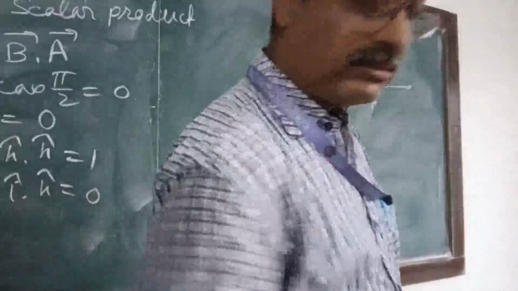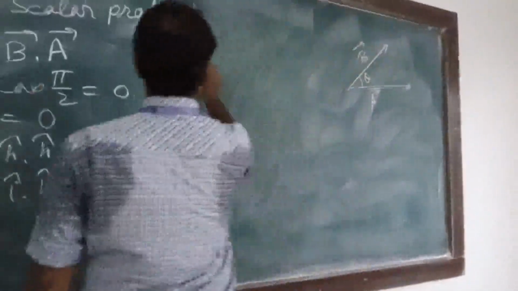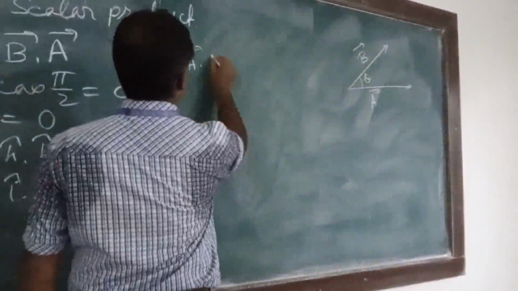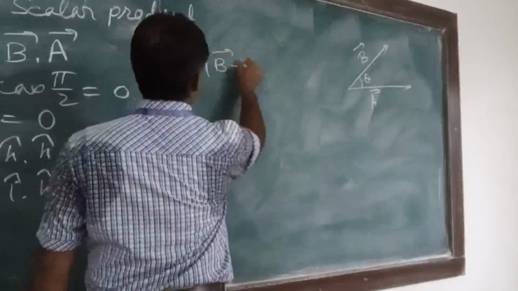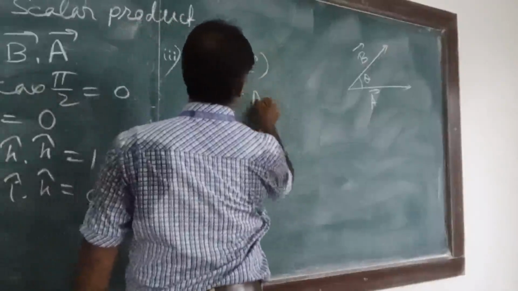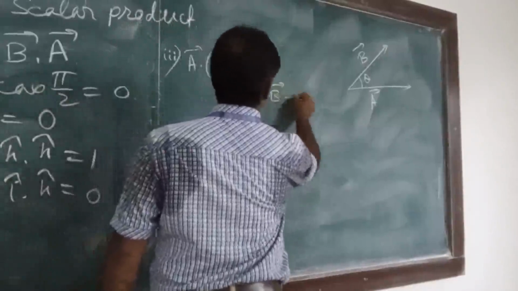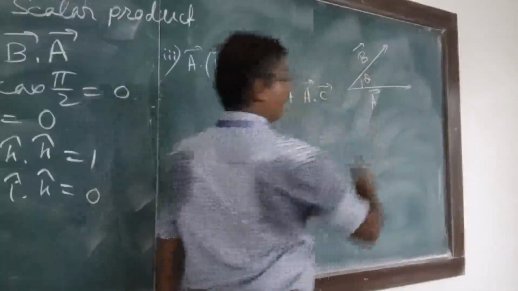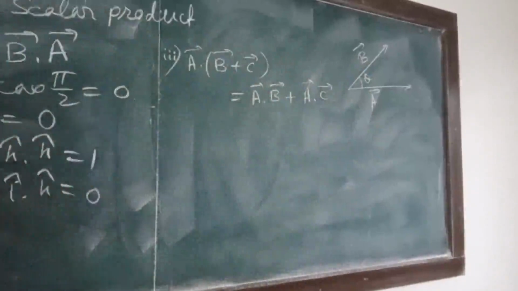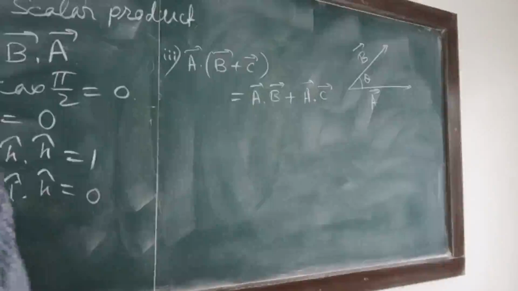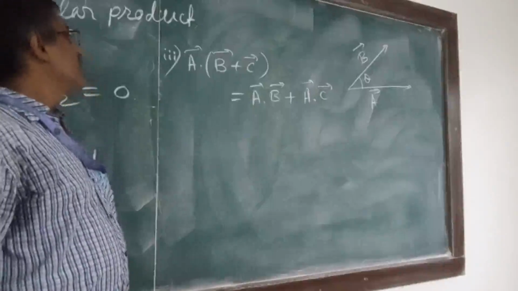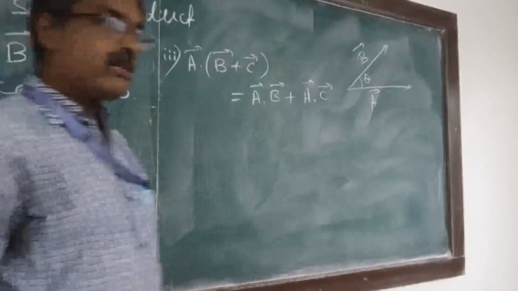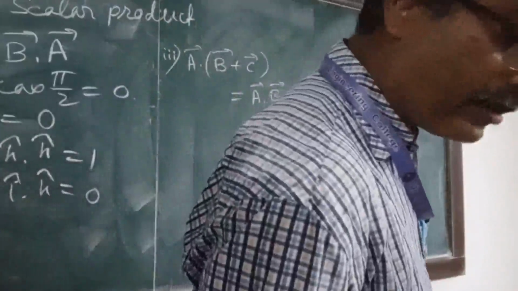That is A dot (B plus C) equals A dot B plus A dot C. This is known as the distributive property.